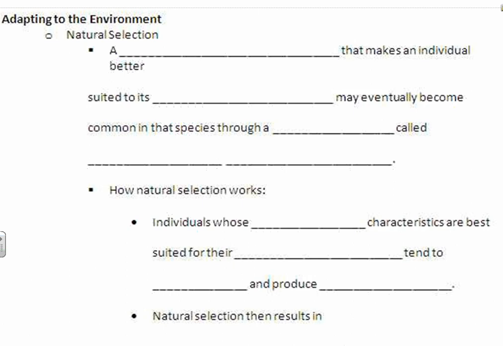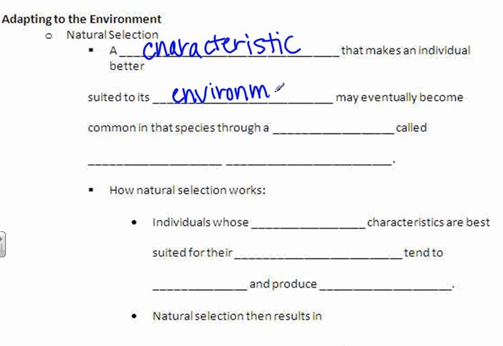So natural selection, what is it? It's a characteristic that makes an individual better suited to its environment, that may eventually become common in that species through a process called natural selection.